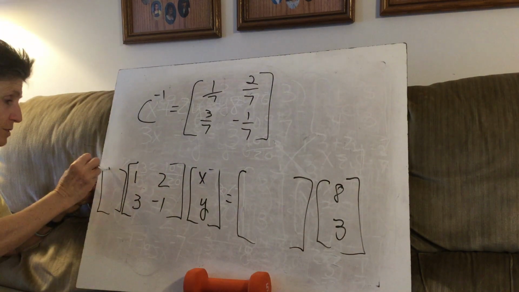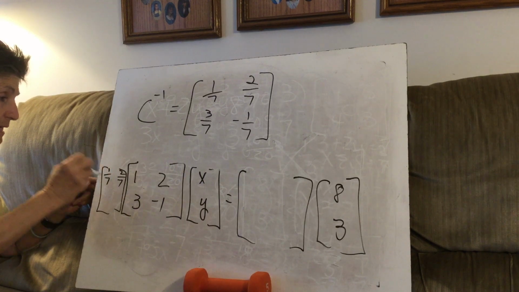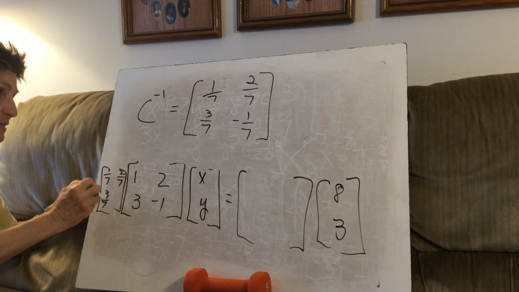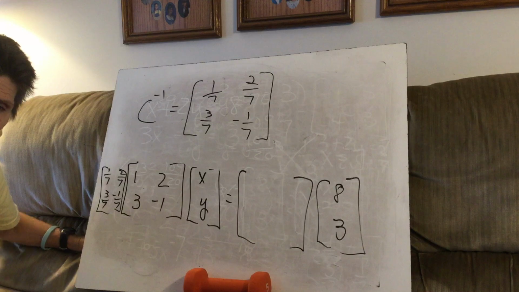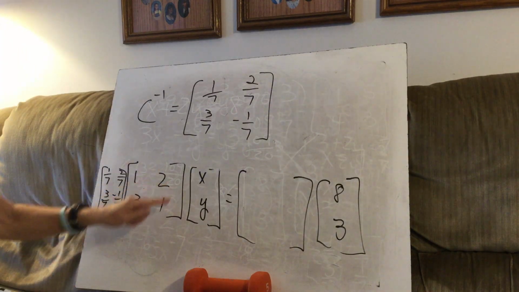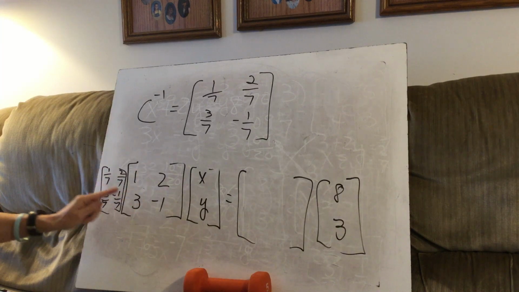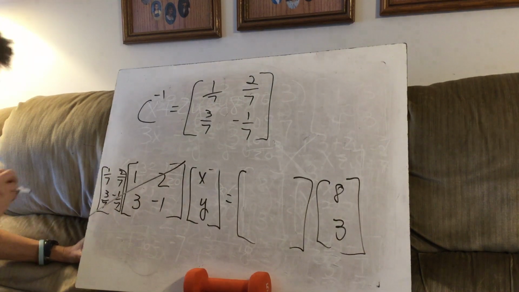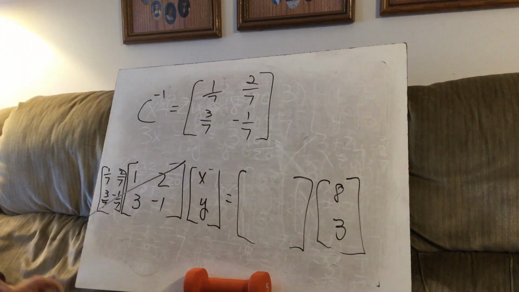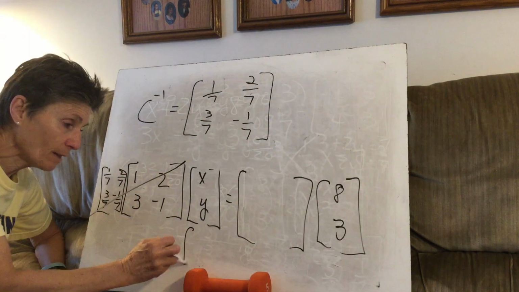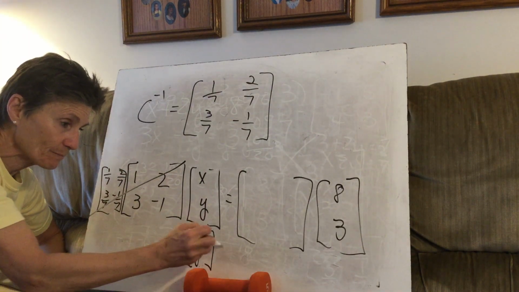So I'm going to put my inverse here, and it's all squished up, but I don't even care. Because last time we were together, we talked about what happens when you multiply inverses. They cancel out. They make the identity. So that part's gone, and all I'm going to have left is x, y.